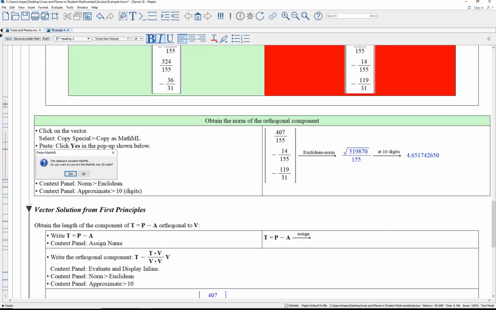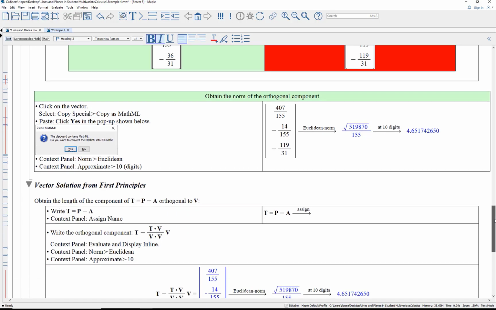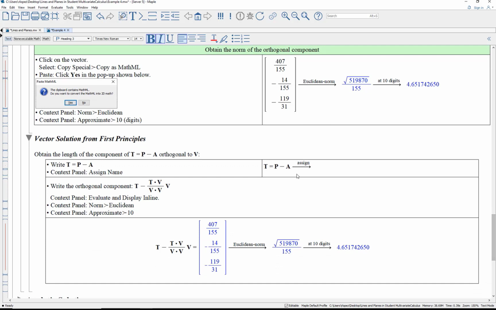A vector solution from first principles implements these same calculations. The black vector, P minus A, you want the orthogonal complement. So this is the projection onto the green vector. T is the black vector.